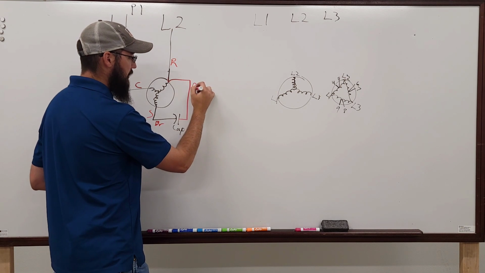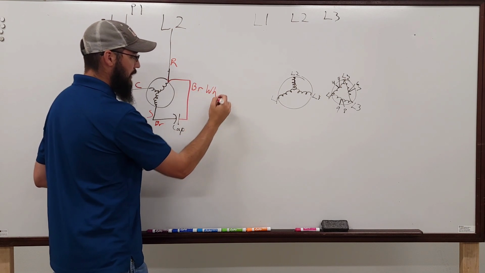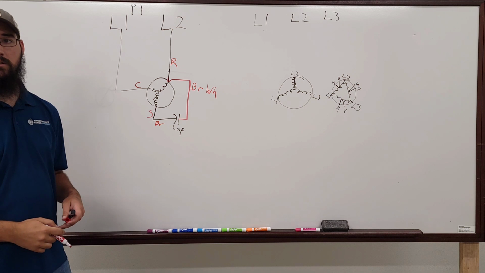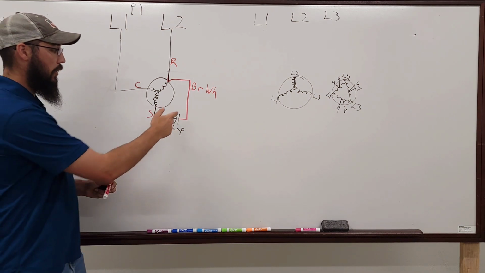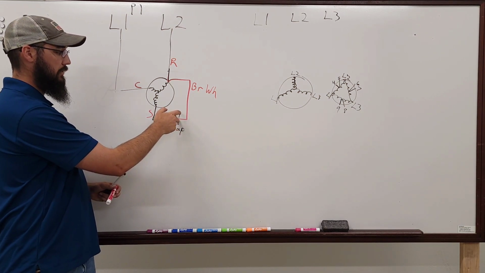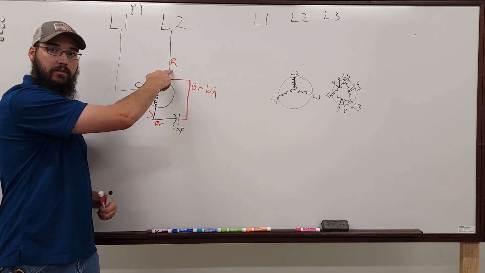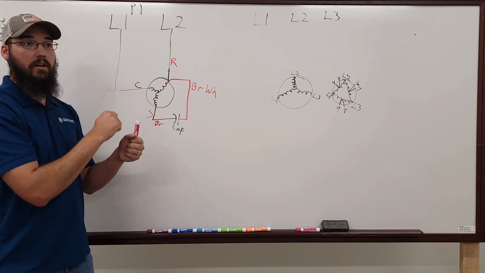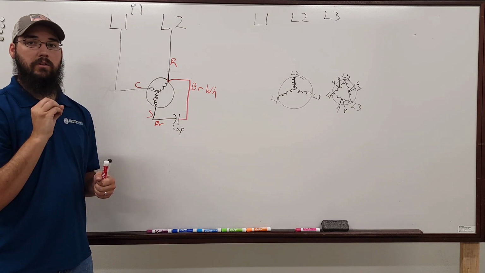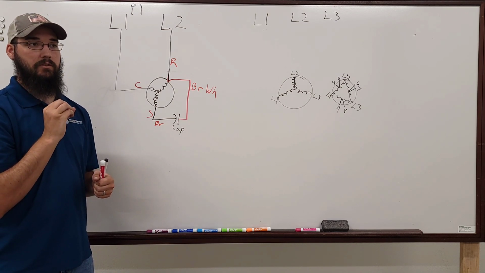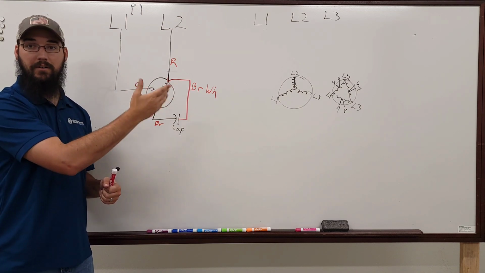This one will be a brown white. And if you ohm this spade to this run wire terminal, it's going to show 0 ohms because it's shorted on purpose. It's the same wire, is what I'm saying.